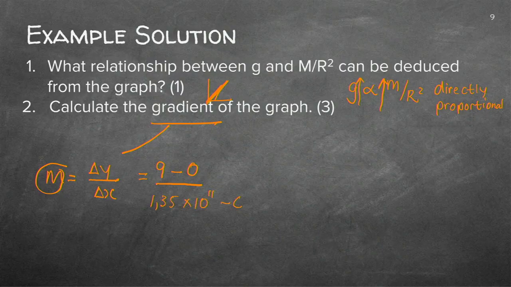So see if you can find points that are easy to work with. And if you then deduct those, you get a relationship of 6.67 times 10 to the minus 11. Make sure that you see this is a plus 11. If it goes up, it's a minus 11.